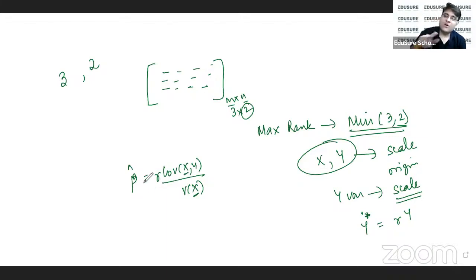So if only one of the variables changes, then it will affect. If both variables change, then it's not affected. Okay, I hope that is fine.